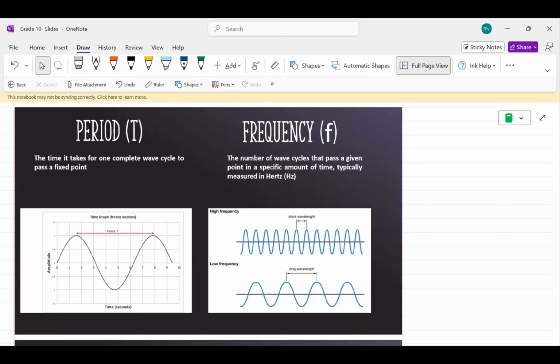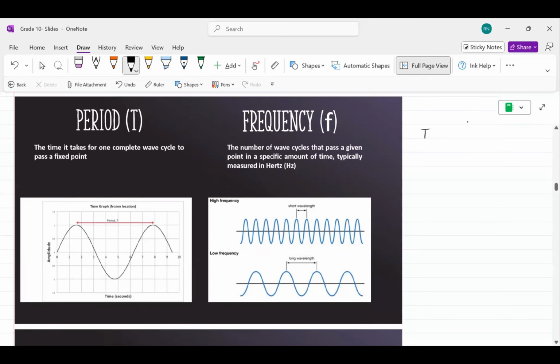T is just what we write instead of writing period every single time; some scientists decided that T is what we use to refer to the period of a wave. And so the period is the time that it takes for one complete wave cycle to pass a fixed point.